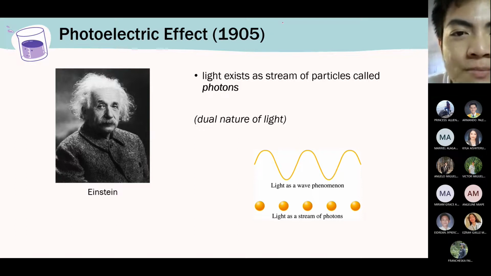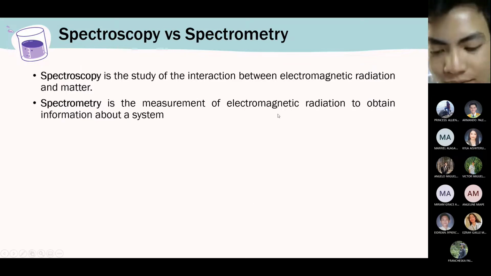Okay, one of those papers stated the dual nature of light. So napansin ni Einstein that yung light natin, it can cause the electrons to be ejected from an atom, and that's called the photoelectric effect.